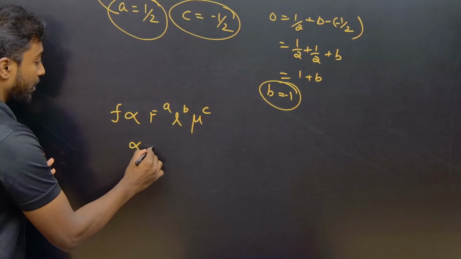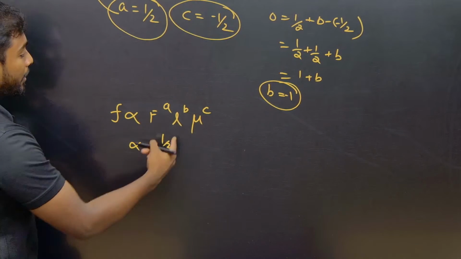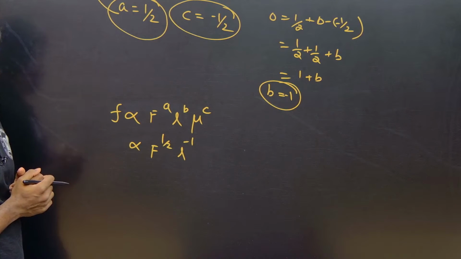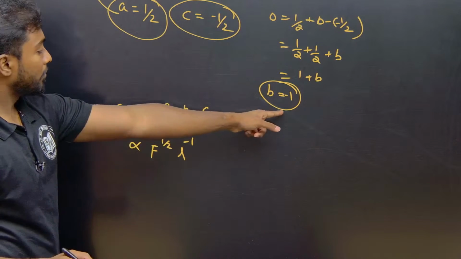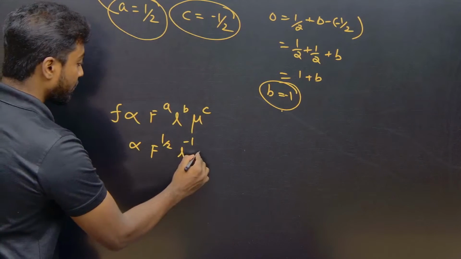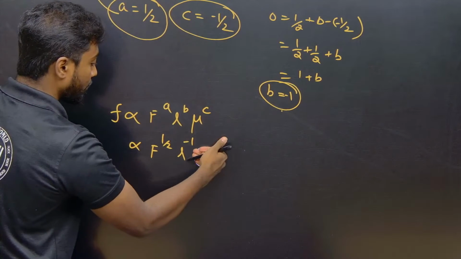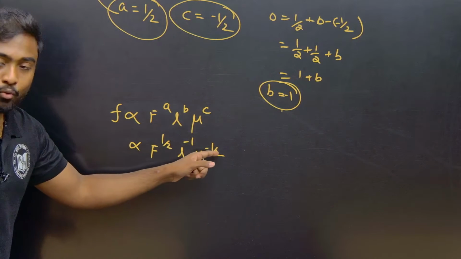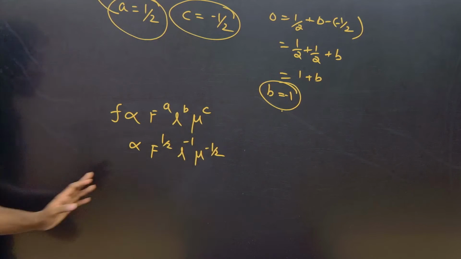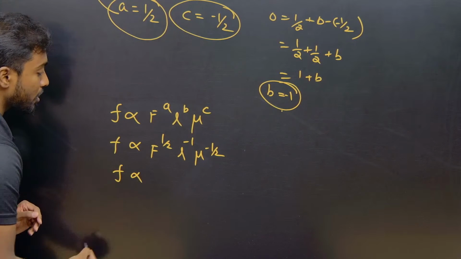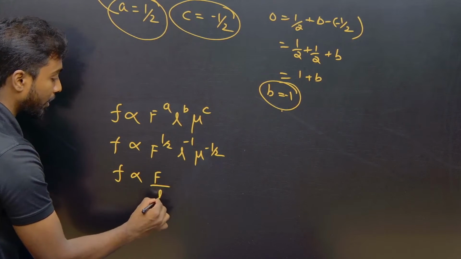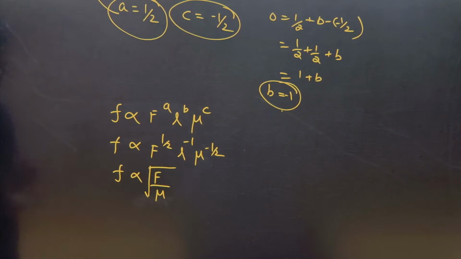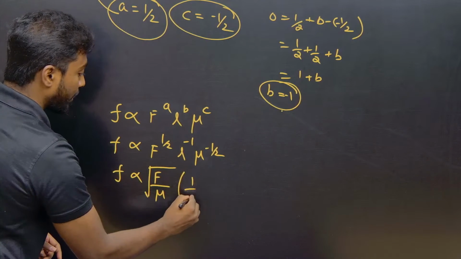I will write here F power 1 by 2, L power minus 1, mu power minus 1 by 2. Understood, no? So I can take it to the denominator. So f is directly proportional to 1 by L, root of F by mu. This is 1 by L.